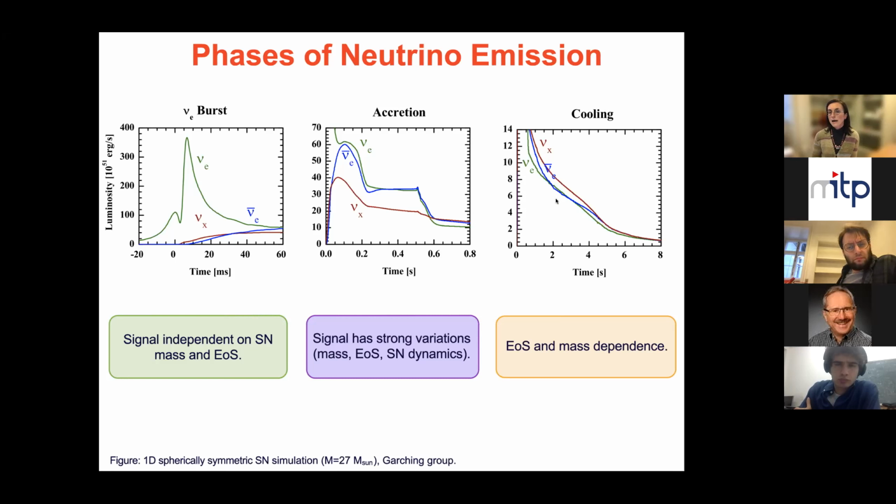And then afterwards, in the cooling phase, we can consider non-standard physics that would lead to extra channels through which the cooling of the star can occur, and this can also help to put some constraints. So this is just a brief overview of the standard case versus what we expect in a non-standard case.